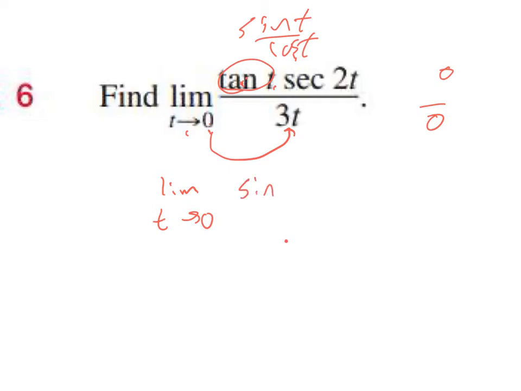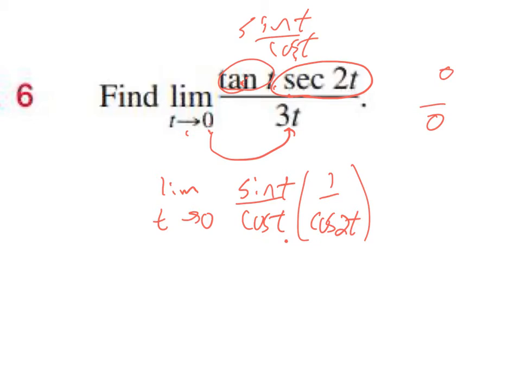And I'm going to write sine of t over cosine of t, and then secant is 1 over cosine, so I'm going to write 1 over cosine of 2t. Now you might be concerned, what happens when t goes to 0? Well, cosine of 2 times 0 is cosine of 0, which is still 1. This fraction is not affected.